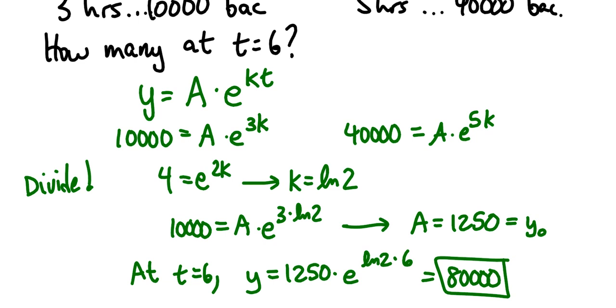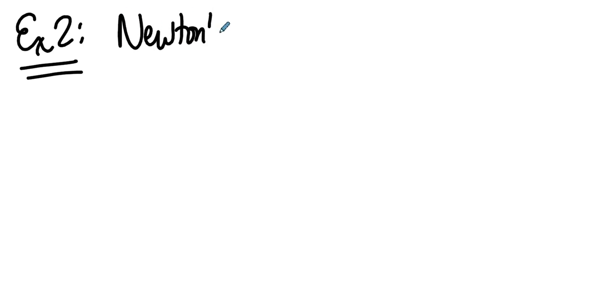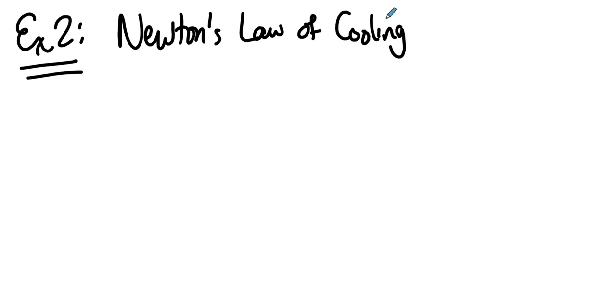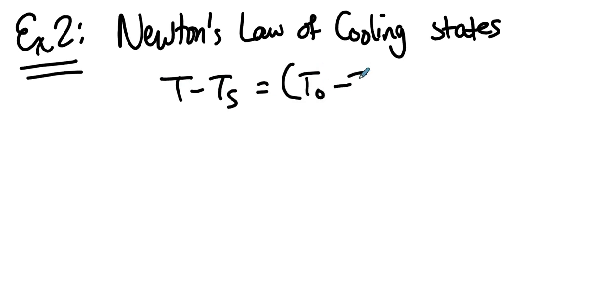But I would like to look at one other application before we're done here. I'd like to look at Newton's law of cooling. Newton's law of cooling states that T minus T sub s is T sub 0 minus T sub s times e to the minus kt. Now, everybody just accepts that, and then they go on to the question.